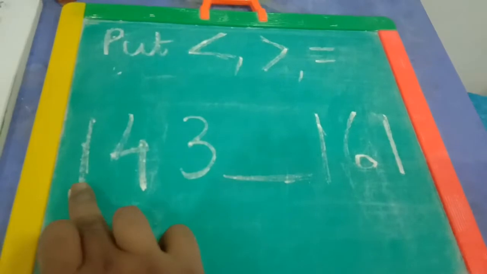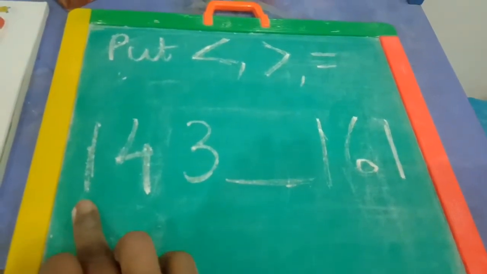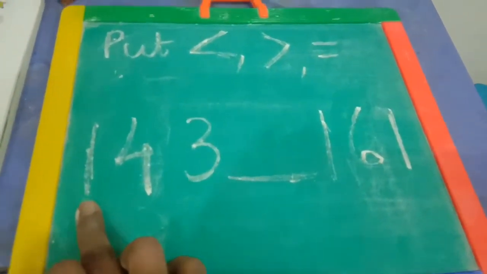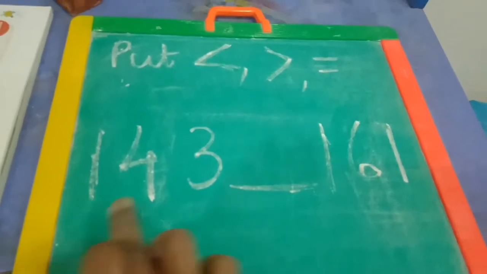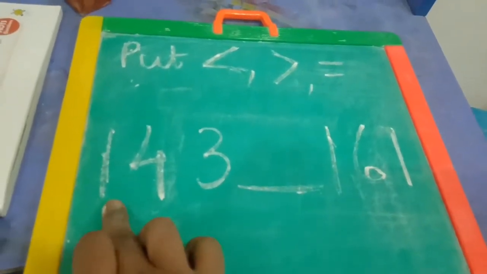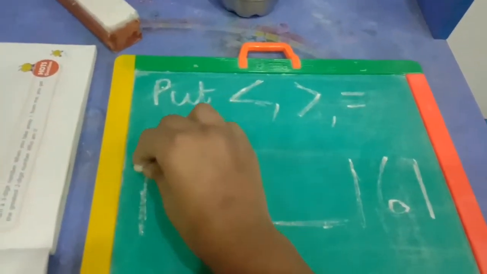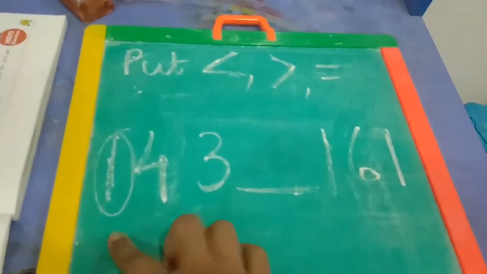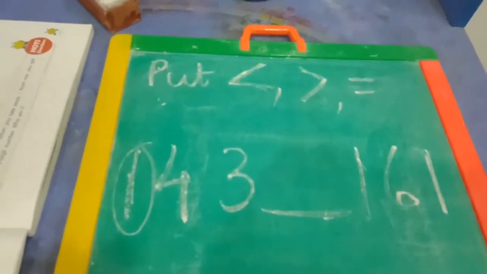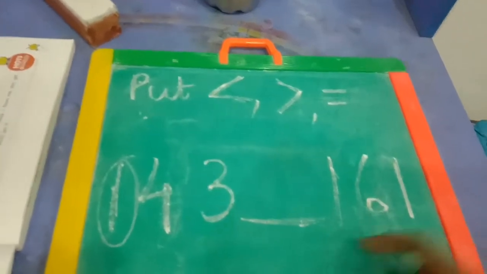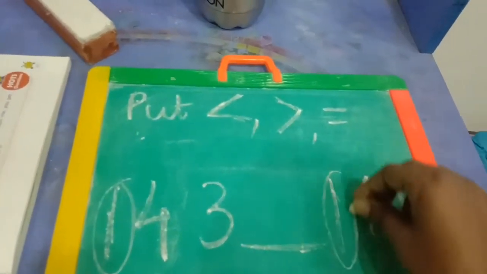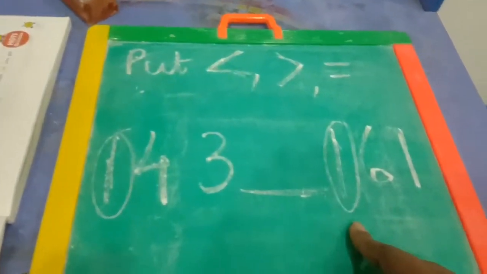First, we will move to the hundreds place. Now look at the hundreds place of both the numbers. Here 1 is at the hundreds place, and here also 1 is at the hundreds place.